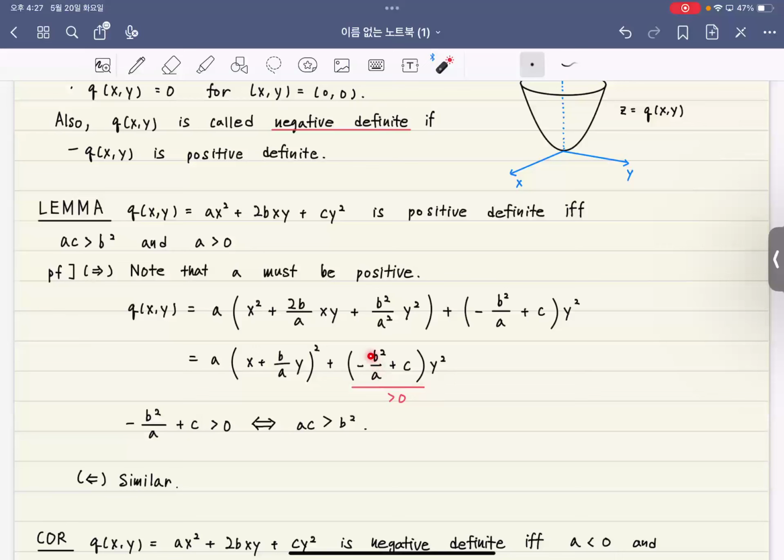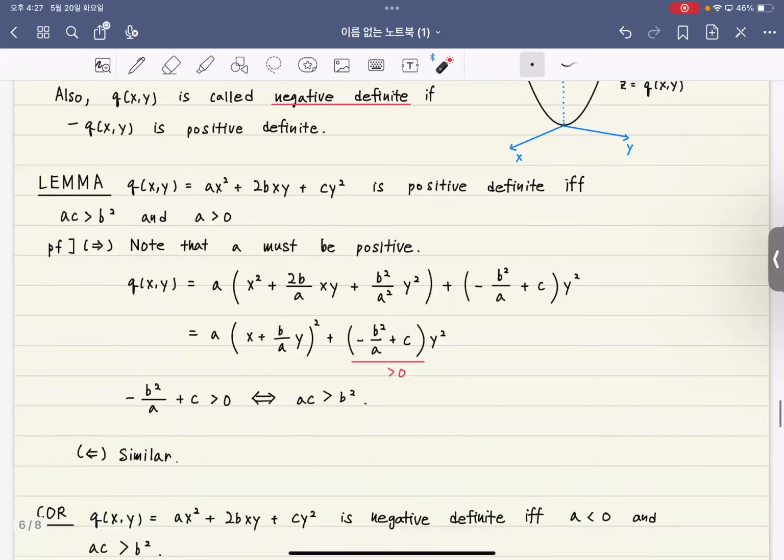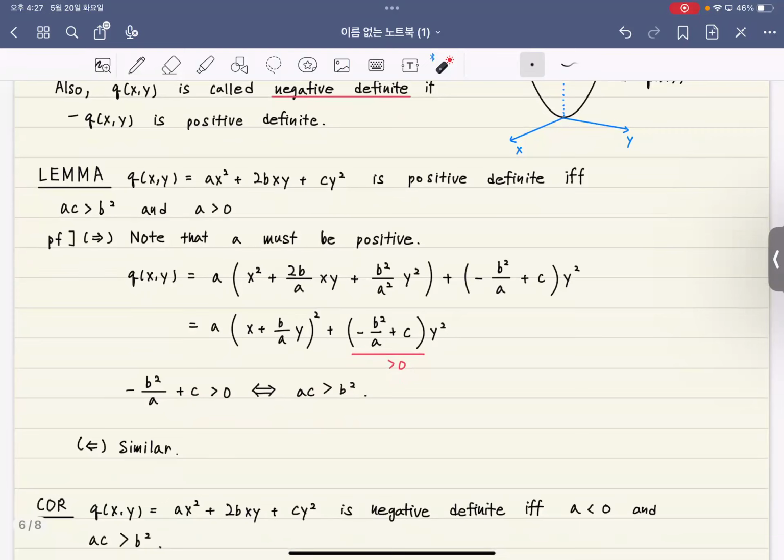So in order to be positive definite, this term must be positive, which is this condition. Simplifying this, I have this inequality. The other direction of the implication can be proved in a similar way, so I will omit it. But I guess you got the idea. So this is the criterion.